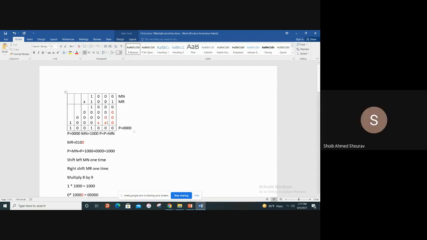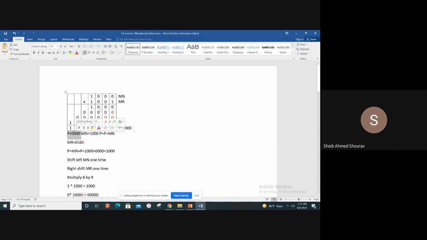Now we are again going to see how we can manage these spaces in the algorithm. Okay, so we have to see that this is our mn. Remember, this is our mn 1000. Initially, the product register is all zeros, 0, 0, 0, 0.